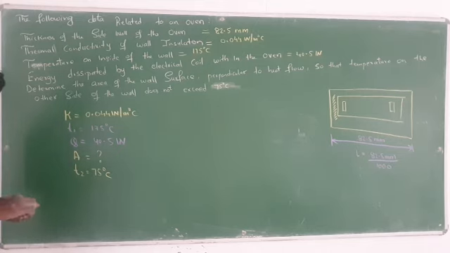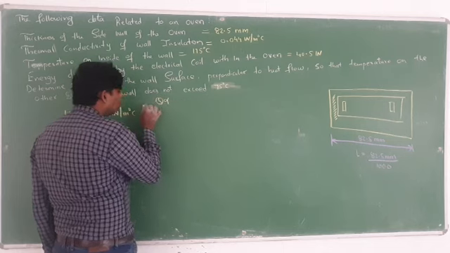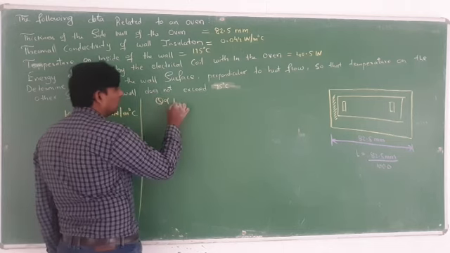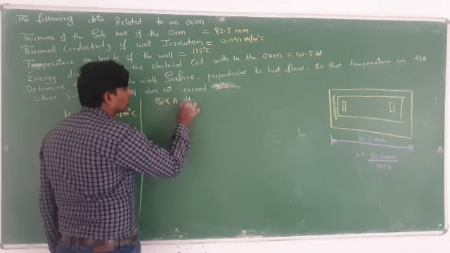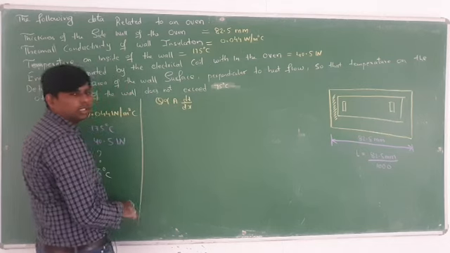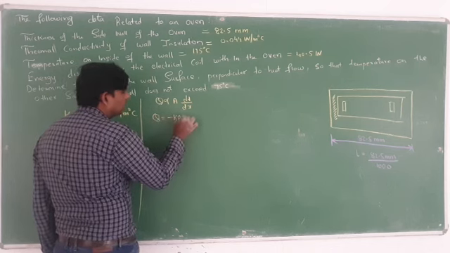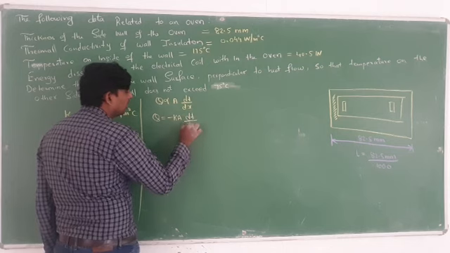For finding area, what you have to do? You have to write down that equation. Q is directly proportional to A dT by dx. After that, Q is equal to minus K A dT by dx.